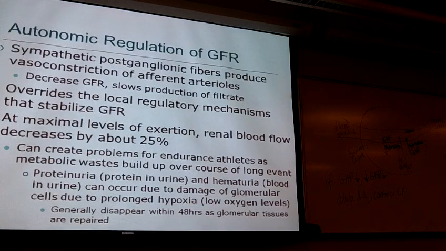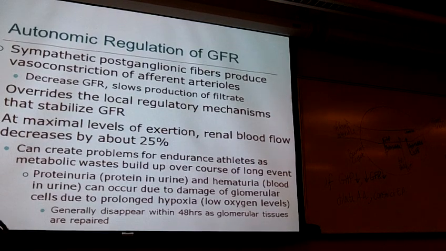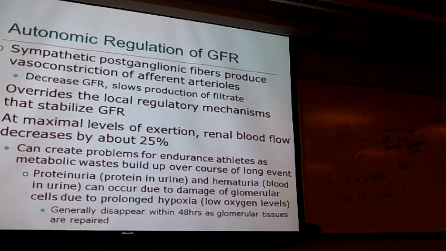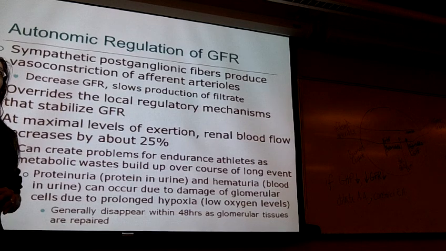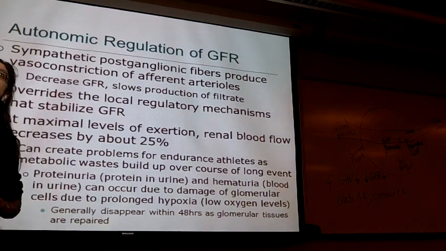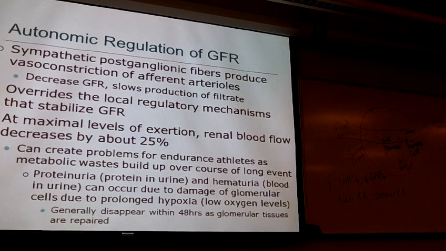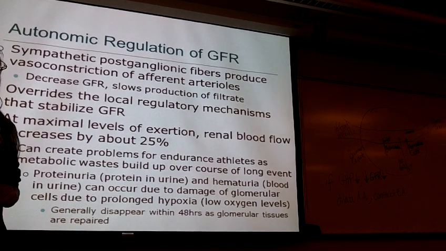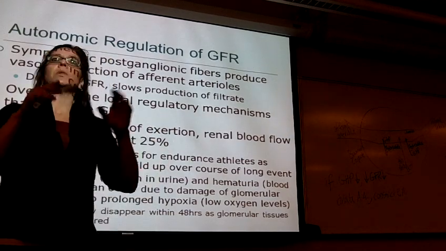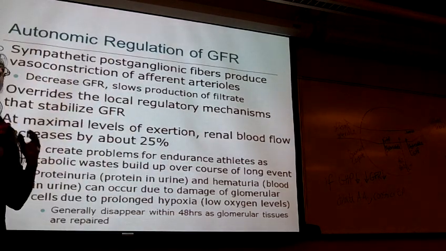Okay? Now, in terms of the autonomic nervous system, again, the autonomic nervous system is not going to play a big role with the kidneys. However, what have we set up to this point? If we're in a sympathetic mode, is urine production going to increase or decrease? It decreases, right? So we saw that the autonomic nervous system can influence blood pressure and things like that.